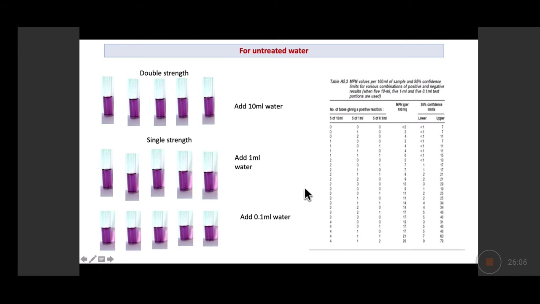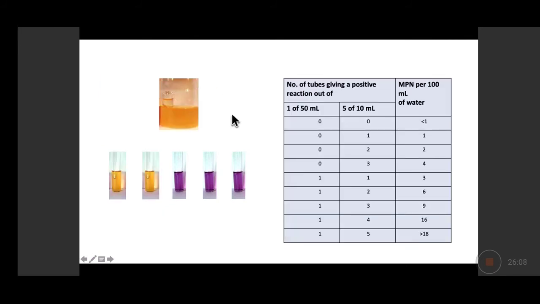Okay. For example, if it is treated water, then in the first tube, here you can see, right, the color has changed and there is an air bubble, so gas has also been formed. So the reading in the first tube is 1.